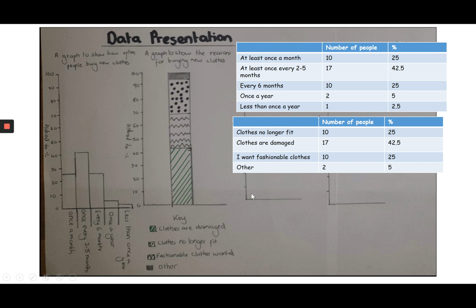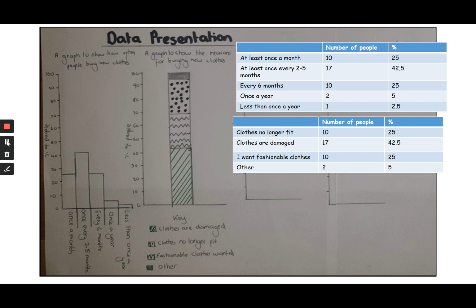The dotted, clothes no longer fit, is 25%, and the zigzag, fashionable clothes are wanted, is again 25%, with the remaining 5% being other. If you're confident drawing stacked bar charts, then it would be great to add that into your data presentation. If not, then just stick to the normal bar charts, please.